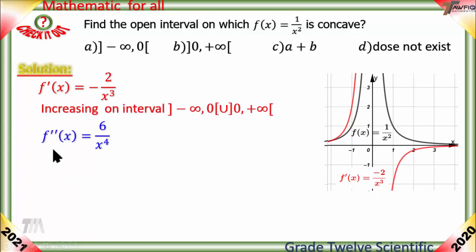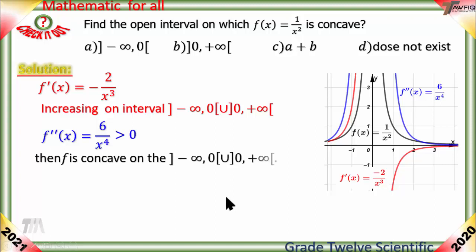And f double prime of x becomes 6 over x to the power 4, and because 6 is positive and x to the power 4 is positive, positive over positive is a positive number, so it is bigger than 0. As you can see in the graph of the second derivative, it is above the x-axis. That means it is positive.